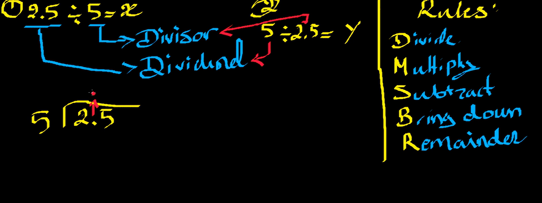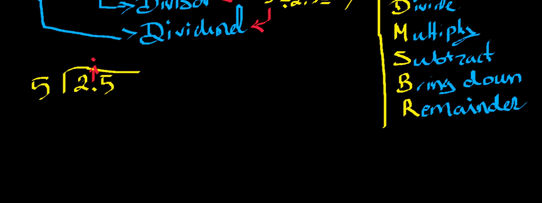For now, we just ignore the decimal point in our dividend area. We put the decimal point in our quotient area when we do our long division format. So if I were to write this again, it would be 5, and then 25, and remember the decimal point is right above where the decimal point was in the beginning. And I go through the steps, the rules that we talked about, through the long division.